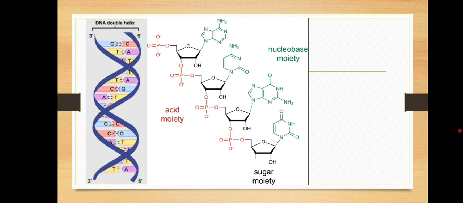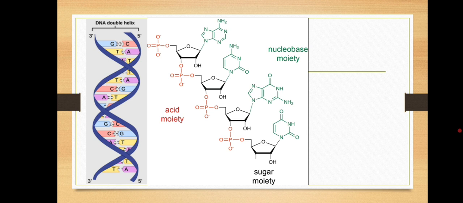Why? Because phosphate PO4 is from phosphoric acid, H3PO4, which gives H plus and PO4 3 minus. Since phosphoric acid can donate a proton, according to the Bronsted-Lowry theory, phosphoric acid is an acid.